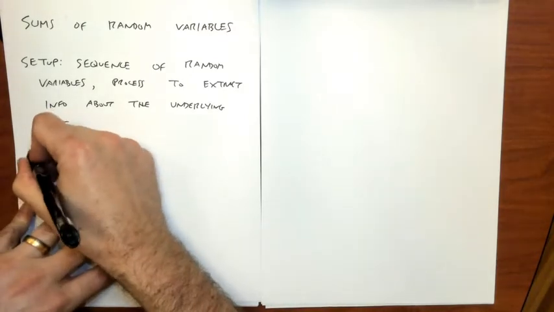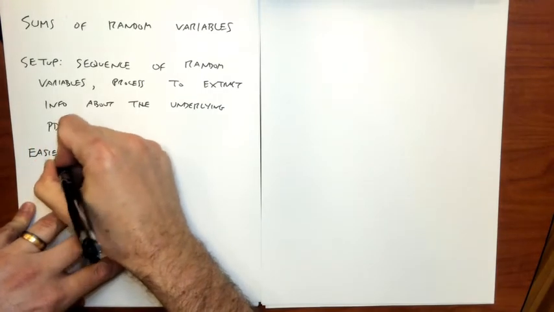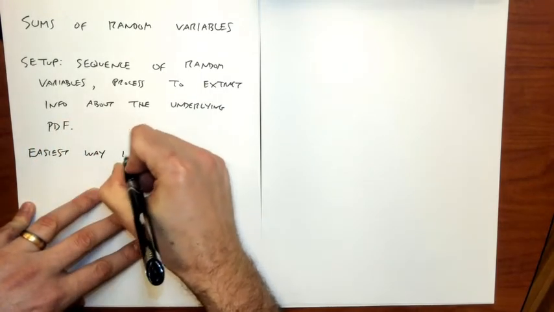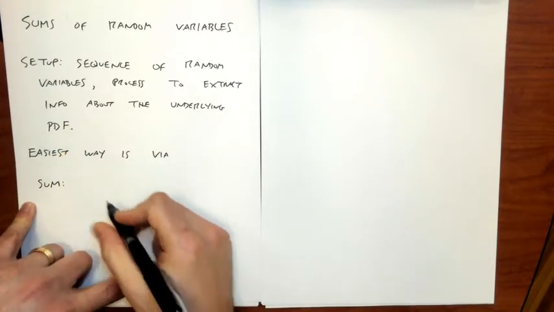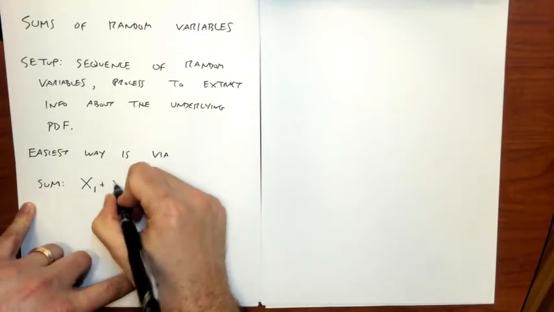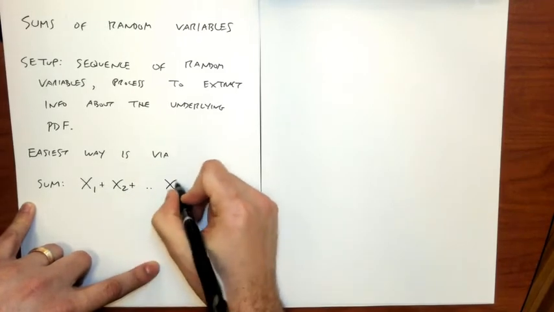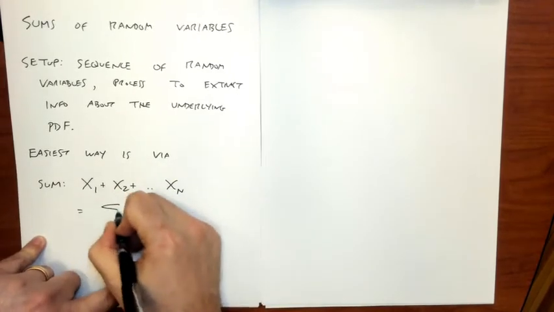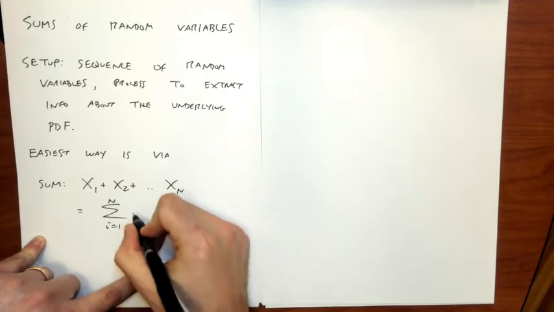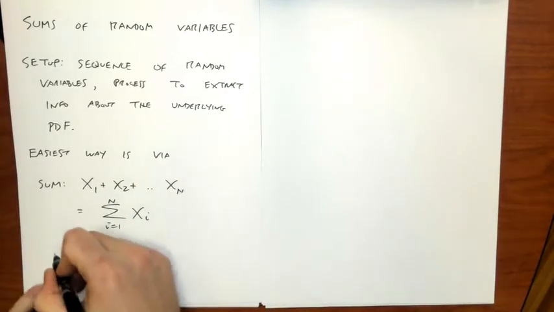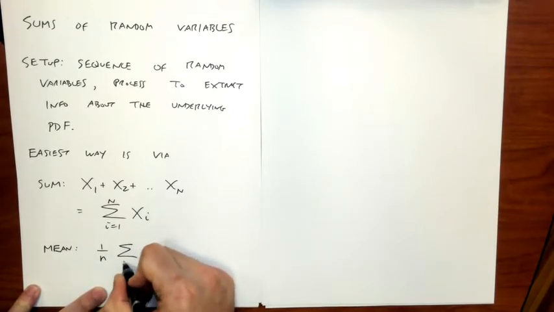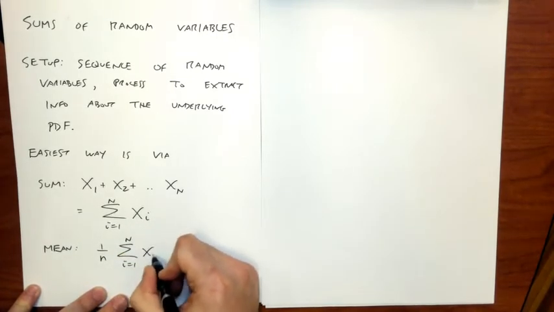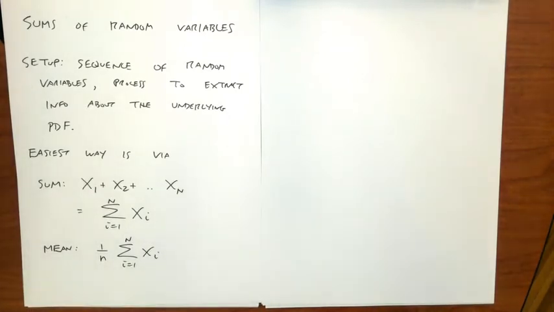So the easiest way is via either the sum of the random variables, which means that I take each of my random variables and I add them up, which is just like this, sum from i equals 1 to n of X_i, or I could take the average of them, which would just be like averaging this sum by dividing it by n, okay?